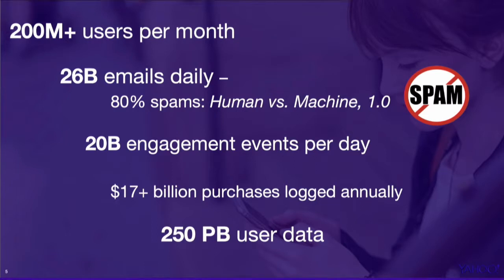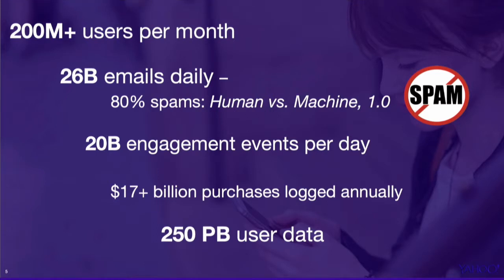It's pretty huge. It's got 200 million users per month. Every single day, there are 26 billion emails or email attempts trying to get into our system. The vast majority, 80% of which are spams. This is what sometimes we call the human versus machine 1.0.